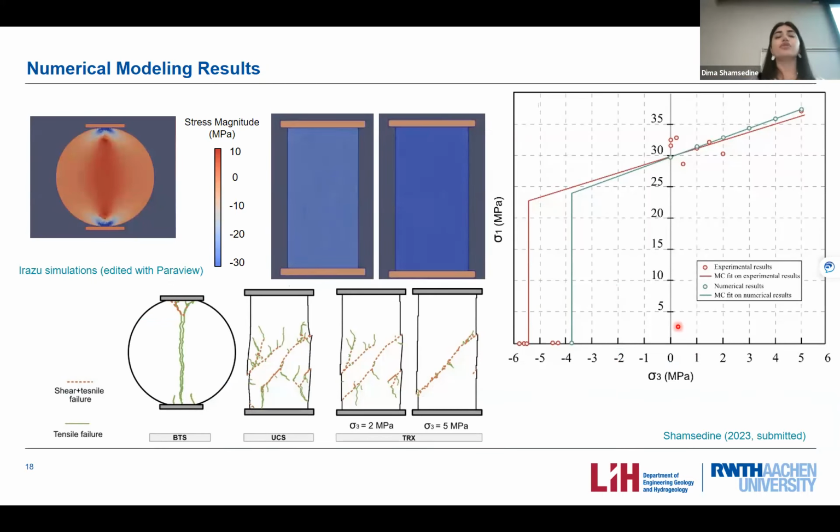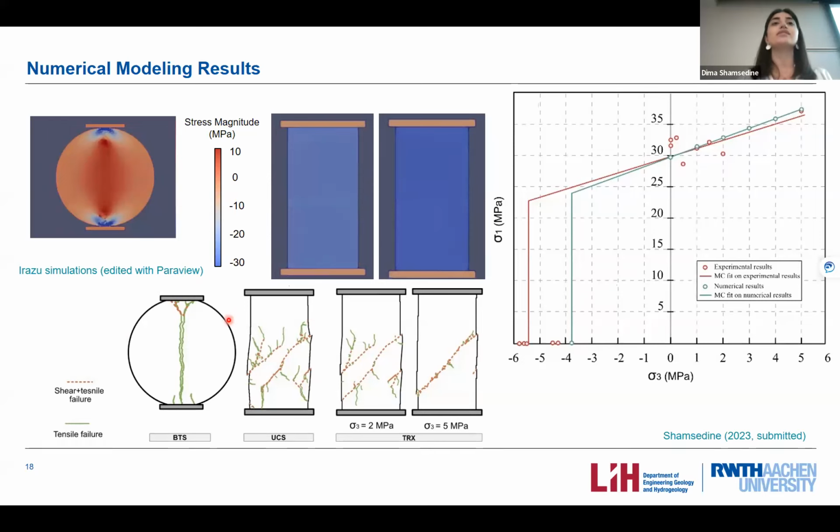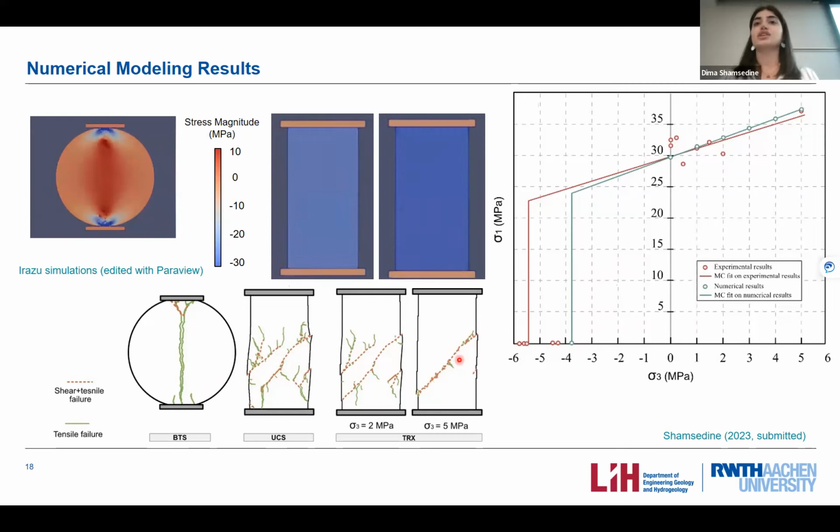Now, for the purpose of comparison, I have put the laboratory test results and the failure modes that happened in these laboratory tests. We can see in the Brazilian disc and the uniaxial test a combination of shear failure and tensile failure. And in triaxial tests, we can see a clear shear band at high confining pressure.